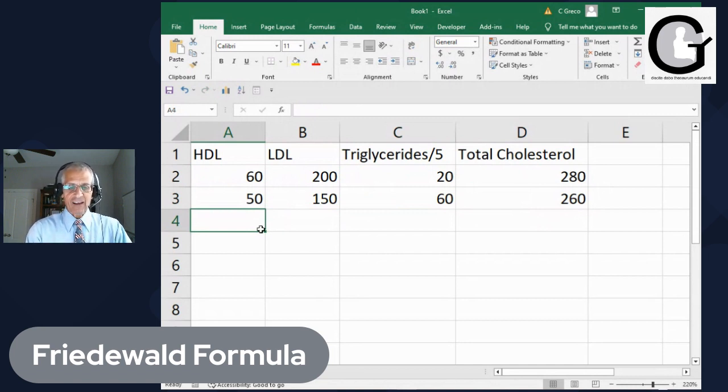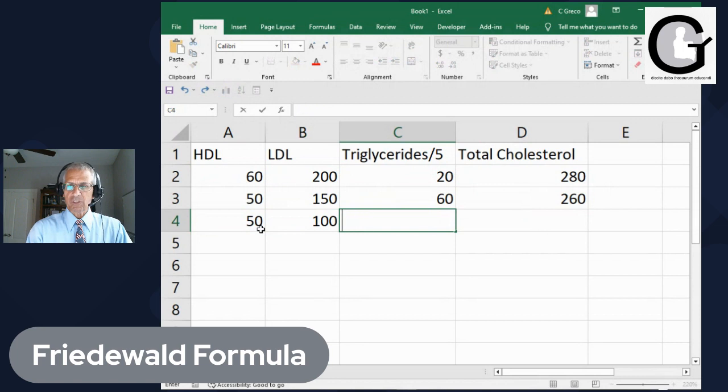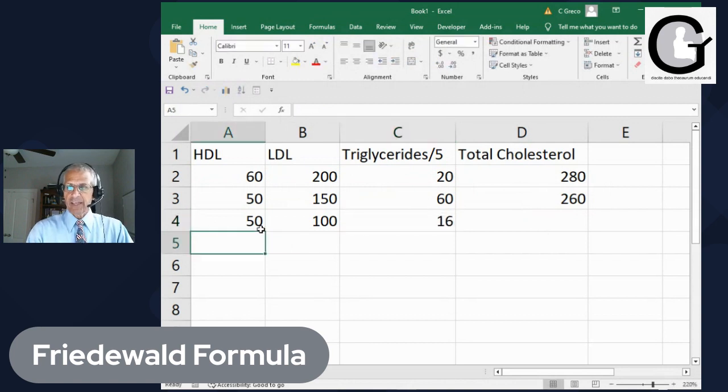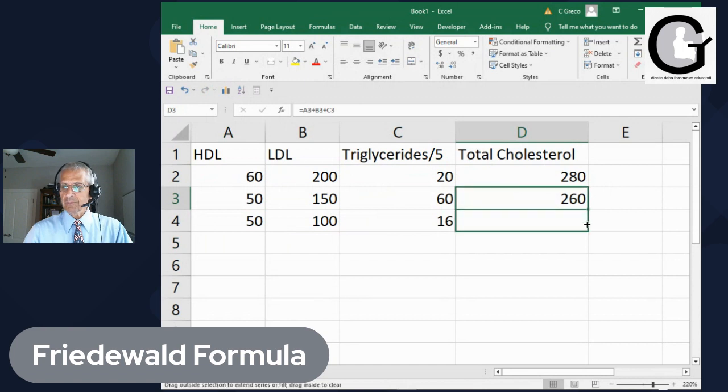So let's reverse these. Let's say I have an HDL of 50. I have an LDL of 100. My triglycerides, we're going to bring them way down, so we're going to say 80. 80 divided by 5, and the total here is going to be 166.